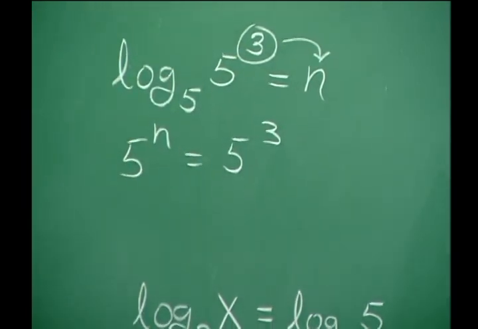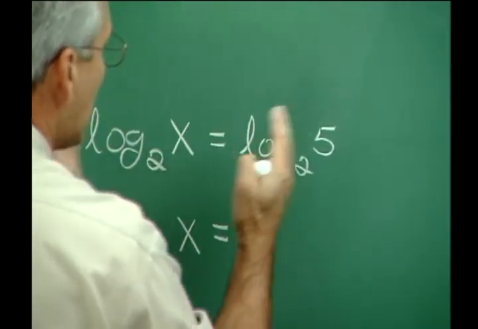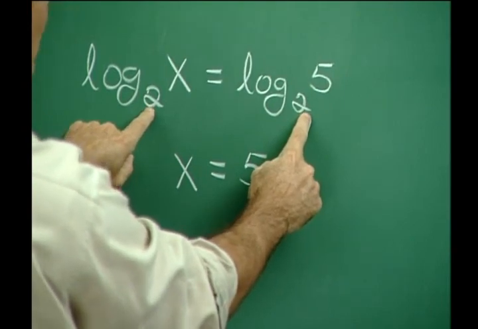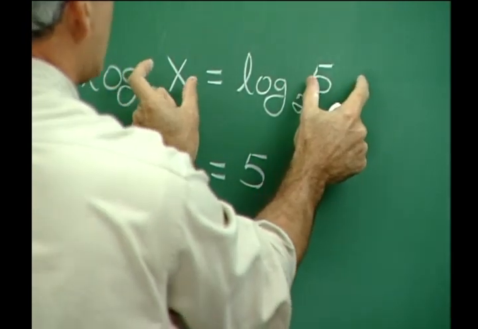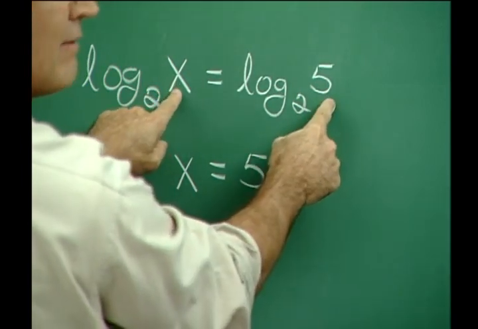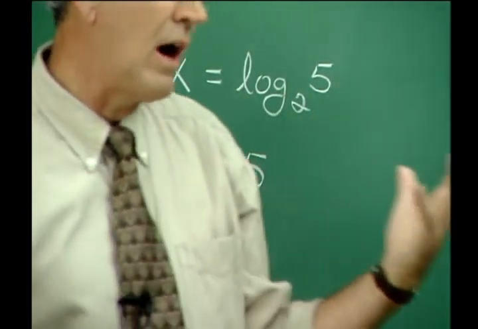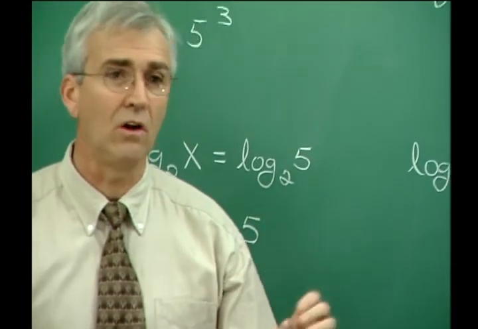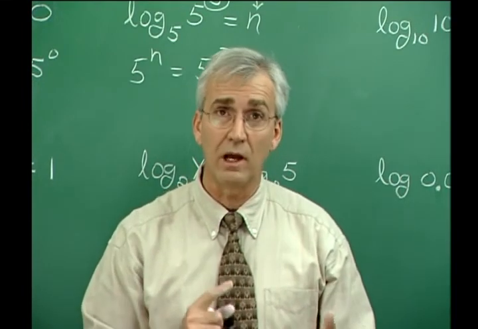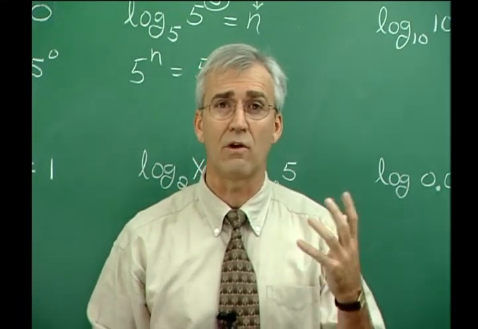Here's another situation that occurs from time to time. If we have a single logarithm on both sides of an equation and they have the same base, then we can actually set these numbers equal to one another. This must be the case, that x is equal to 5. If you think of logarithm as another operation, along with the operations from arithmetic of adding, subtracting, multiplying, dividing, then we have exponentiation and absolute value and radicals.